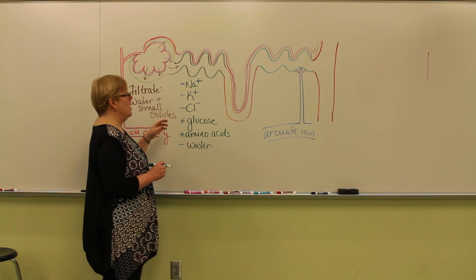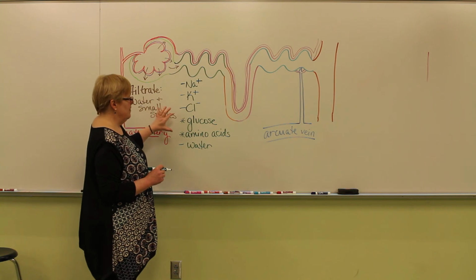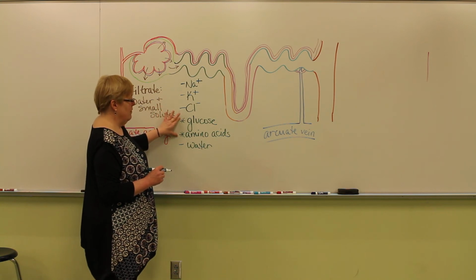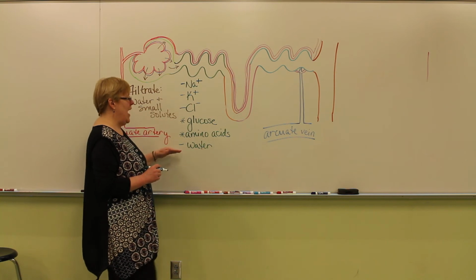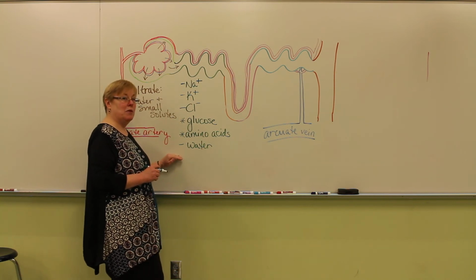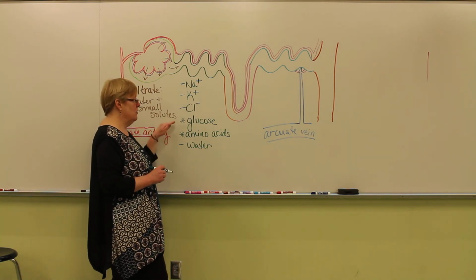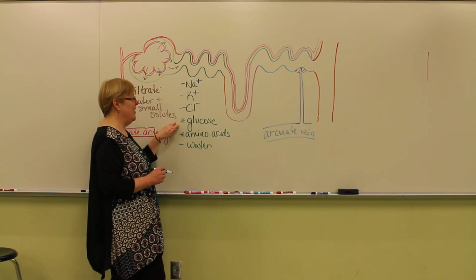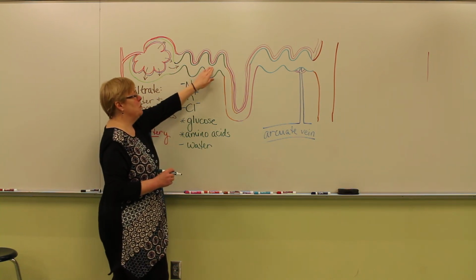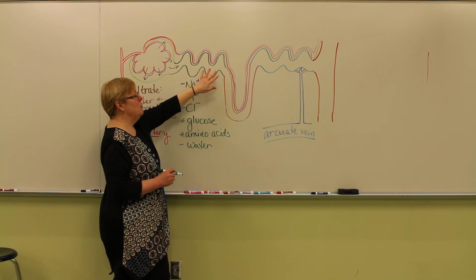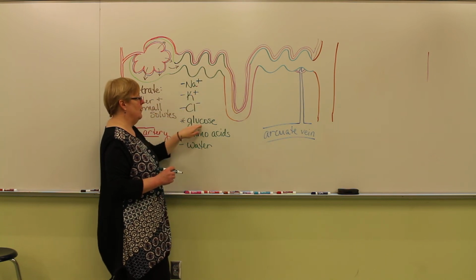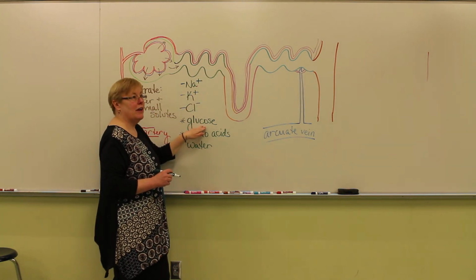Okay, so the key to reabsorbing all of these substances in this location is they have to be at normal levels in the blood. As long as glucose is at normal level in the blood, we'll have enough transport proteins to reabsorb all the glucose that could be in the filtrate.